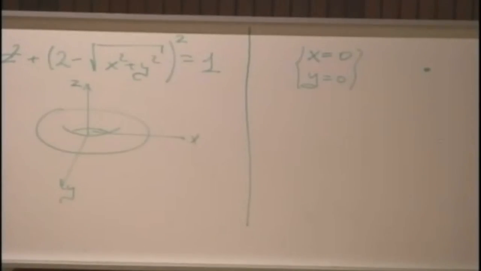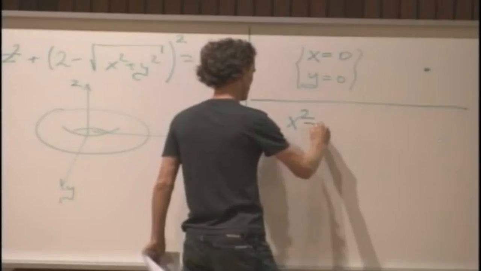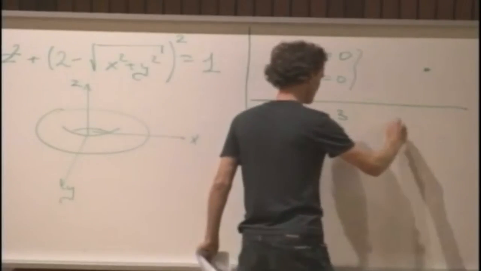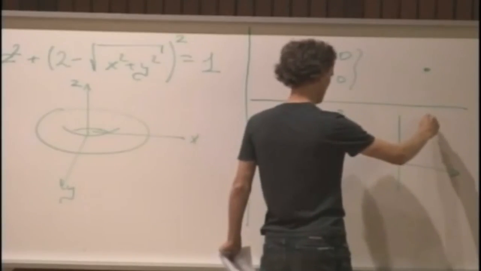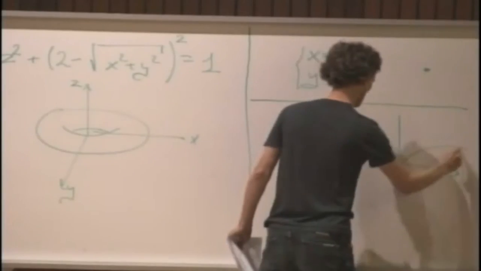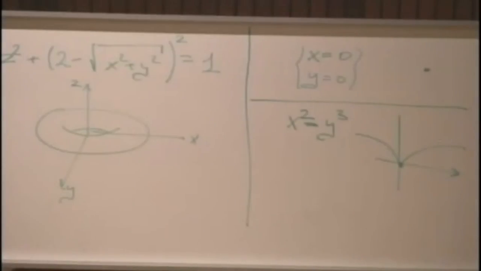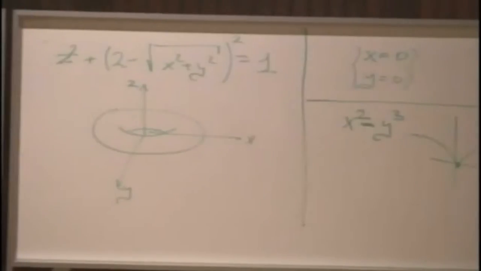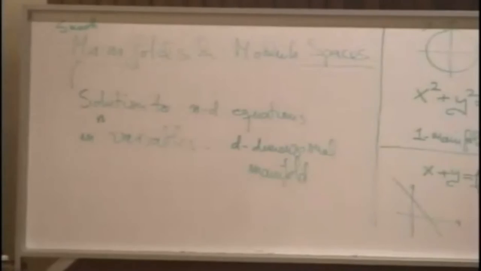So this is not quite the definition. You could write equations where the solutions don't behave nicely. X squared equals y cubed, like this. Sort of a bad point at the origin. And here I should say I'm talking about smooth manifolds. This is sort of one-dimensional, but it's not a smooth manifold because it has this kink here.